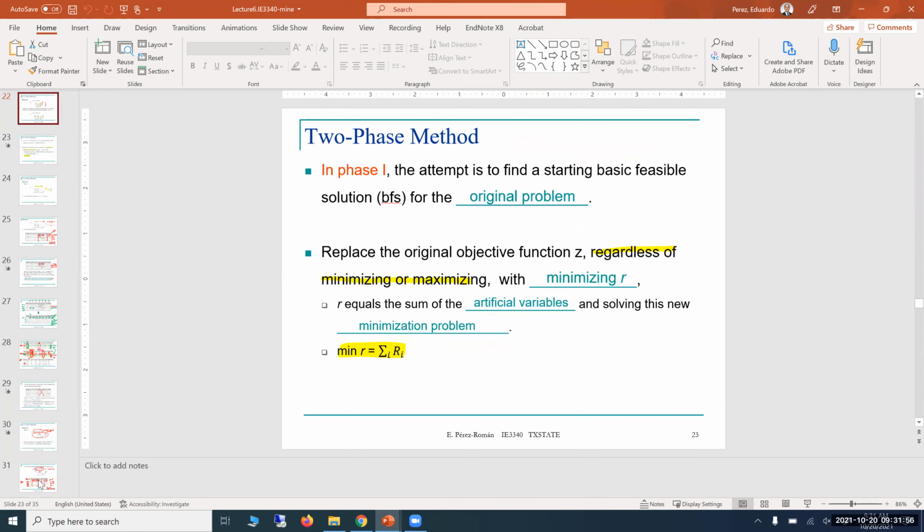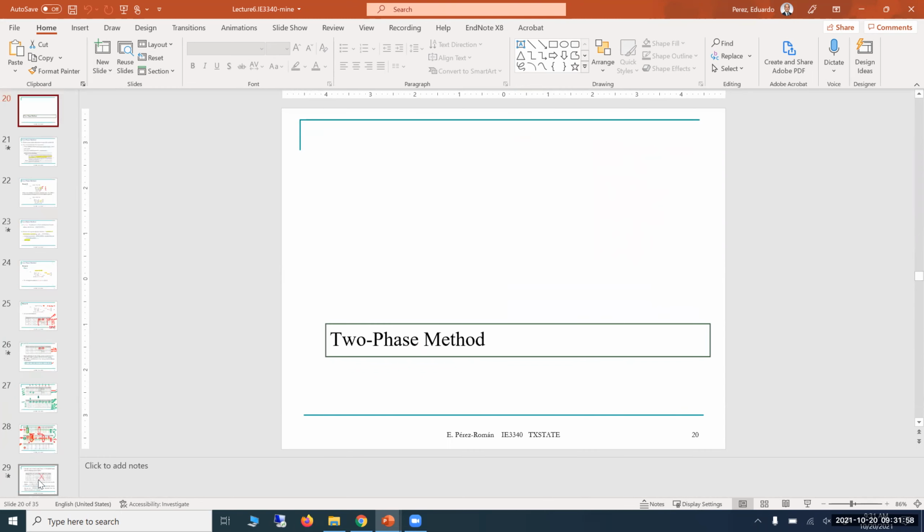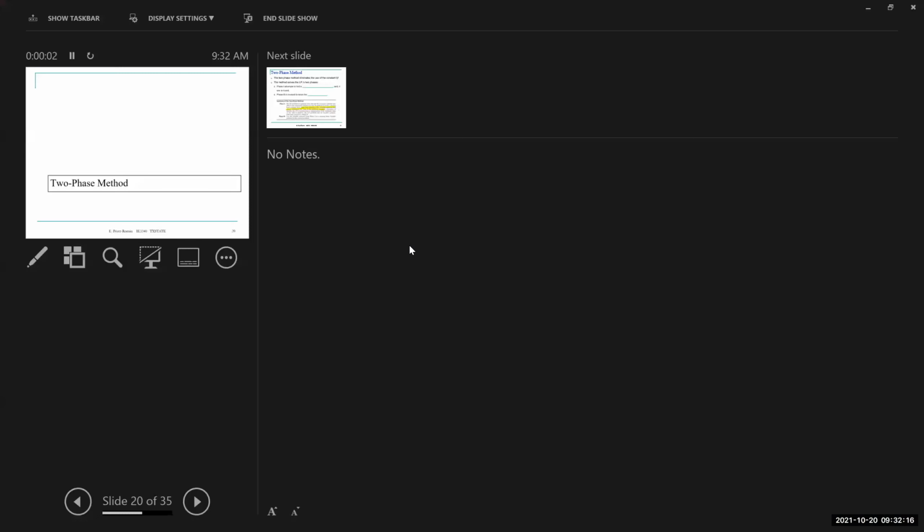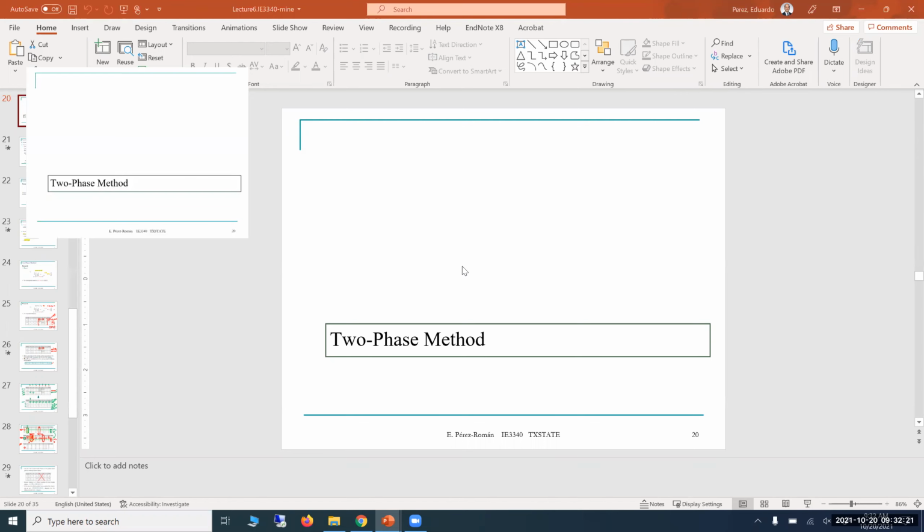So we completed lecture 6 for the artificial initial solution, the two methods. We went through the second method on Monday, which is called the two-phase method.